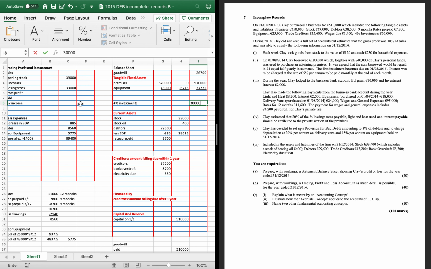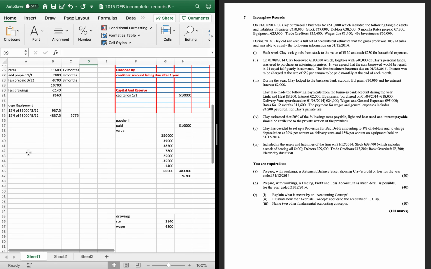The investment income then is going to be 4% of 30,000, which is 1,200. And I'm going to write this down actually: investment income, 4% of 30,000, which is 1,200.